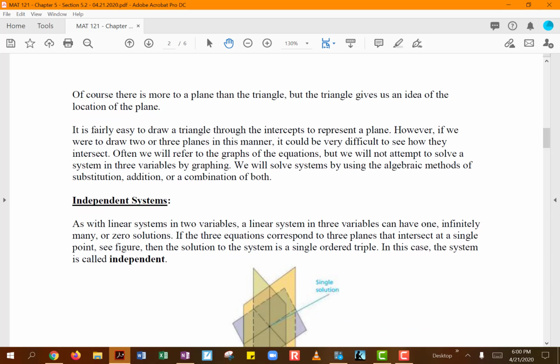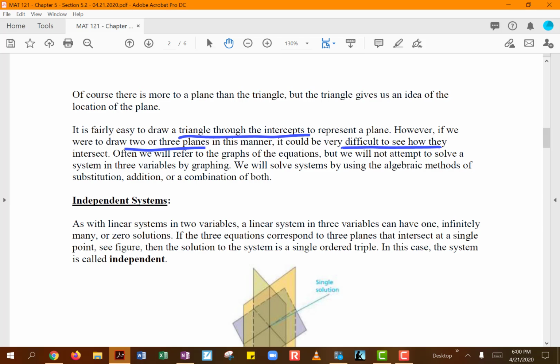Now they're saying it is fairly easy to draw a triangle through the intercepts to represent a plane. However, if we try to draw 2 or 3 planes in this manner so that we could see where they are intersecting or how those planes are with respect to each other, it's going to be very, very difficult to do that.